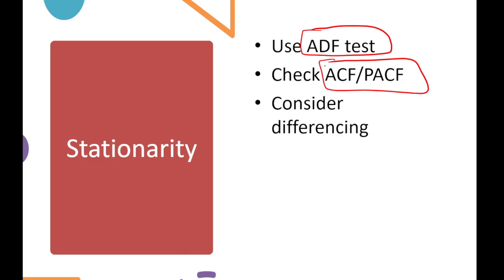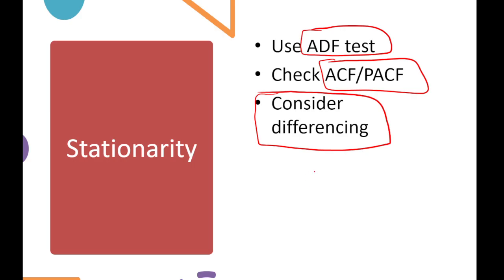So first I have to perform the ADF test just to be sure whether the series is stationary or not, and also check the visual plots ACF and PACF and see whether it requires differencing or not. Most likely it requires differencing. Why does it require differencing? Because you cannot do forecasting on a non-stationary data set. In order to make it stationary, you need to do differencing.